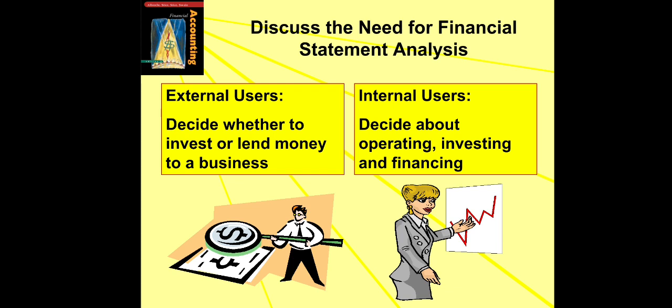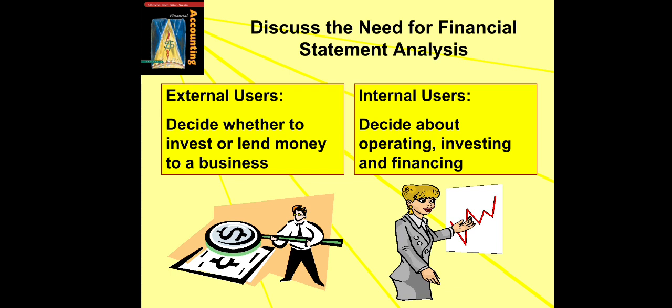Okay, remember, there are many users of financial statements. Most users do financial statement analysis, and each group of users has its own purpose. Investors do financial analysis because they want to make an investment decision. Lenders do the financial analysis because they want to make a lending decision, to give a loan or not to give a loan.